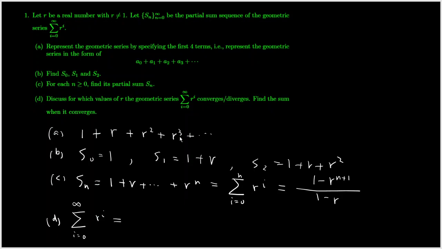The definition is defined as the limit of the partial sum sequence. To make the connection a little bit better, can I write the meaning of the partial sum sequence in this form? The partial sum sequence Sn is defined as the sum of n plus 1 terms, i from 0 to n, and then you add r to the power of i, right?